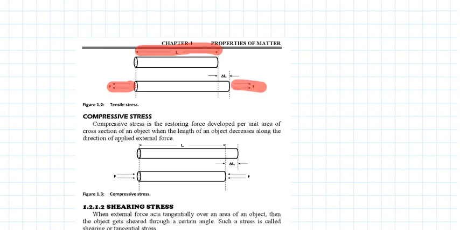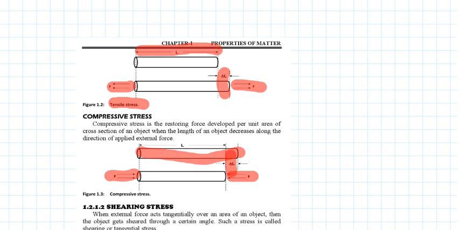So whatever normal stress is generated inside the material at that time is known as tensile stress. Similarly, if we compress the material of length L by applying force from two ends, its length will decrease by a magnitude delta L. Then whatever normal stress is generated inside the material is known as compressive stress.